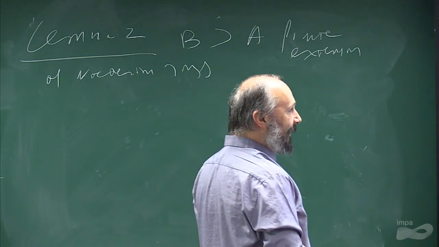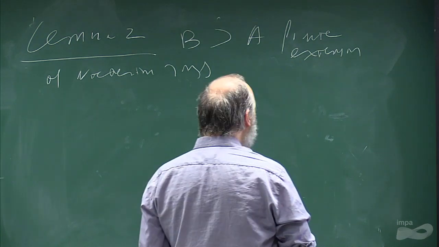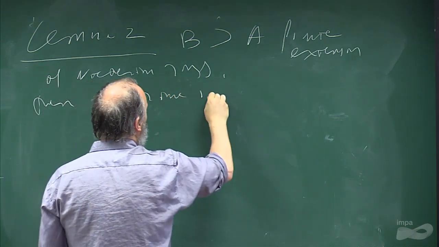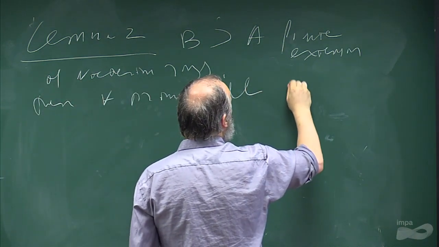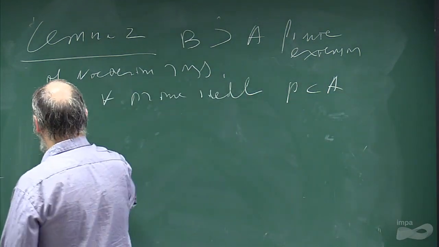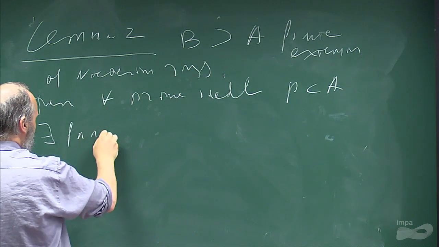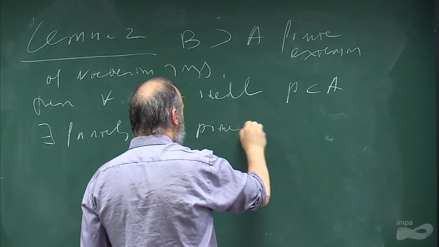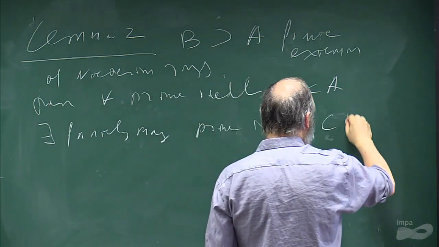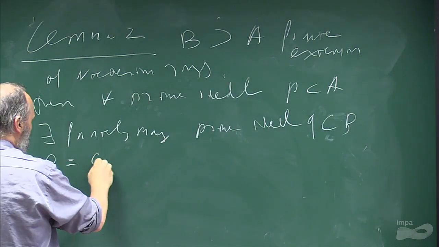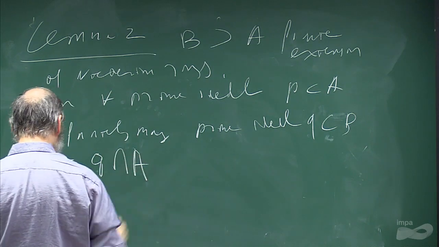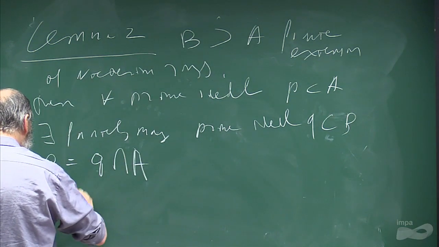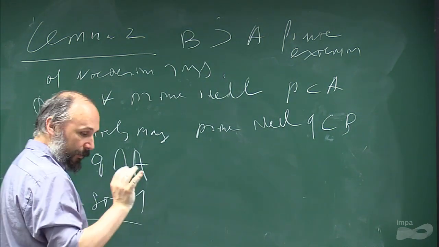Then for each prime ideal P in A, there exist finitely many, at least one, prime ideal Q in B, such that P is equal to Q intersected with A. Okay, and the proof, step 1, is something which is not related to anything.